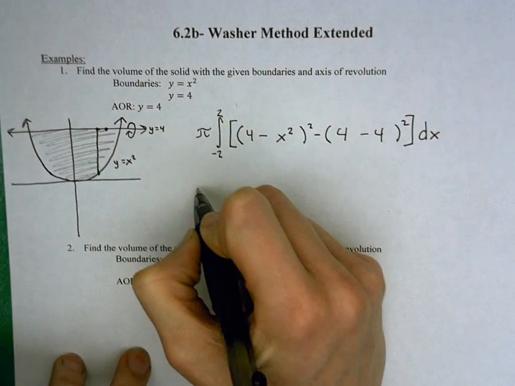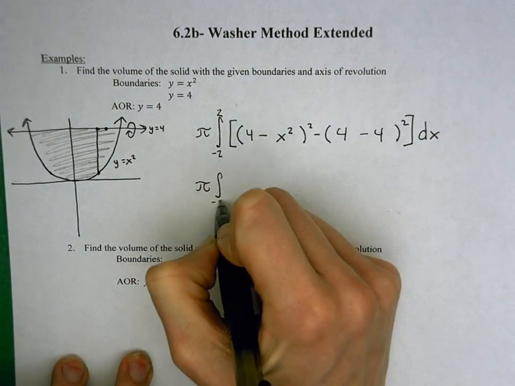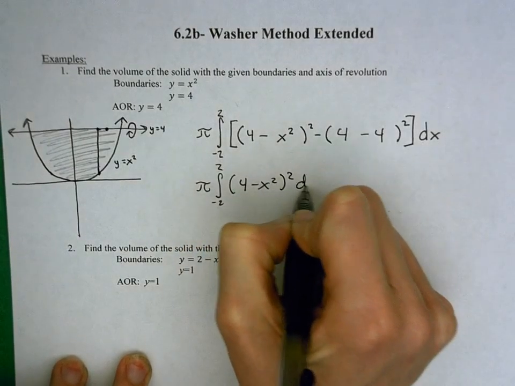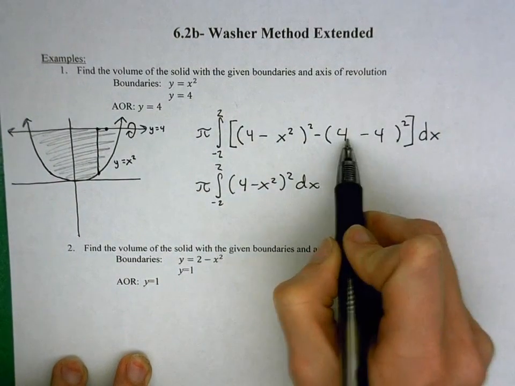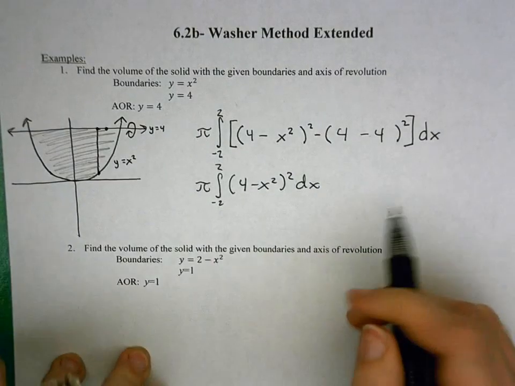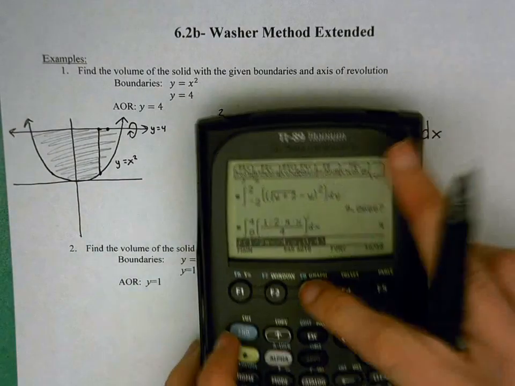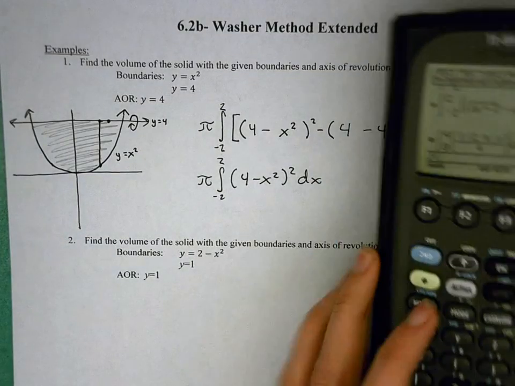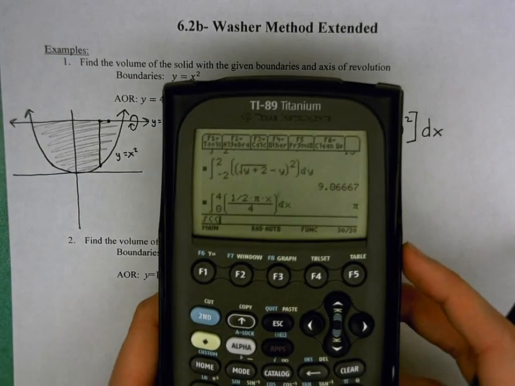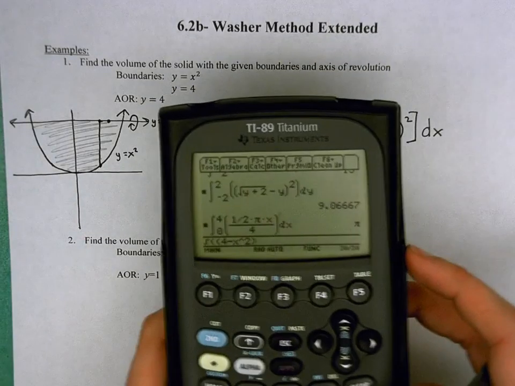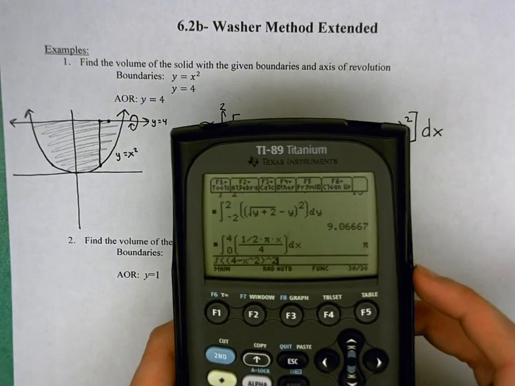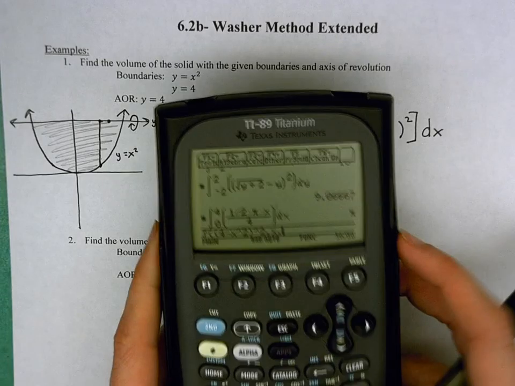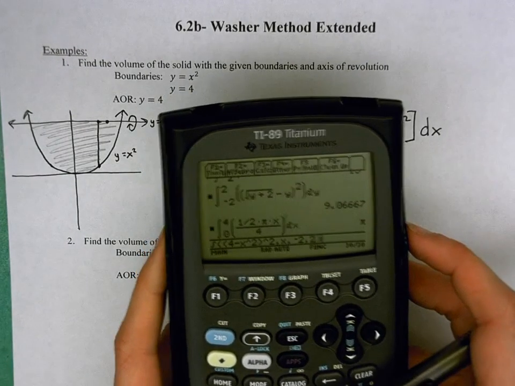Right? So essentially I'm doing pi integral from -2 to 2 of 4 minus x squared dx, because this 4 minus 4 is 0, squared is 0. Okay, and so if you take that and you plug it into your calculator, you go to F3, integrate. We're going 4 minus x squared, quantity squared, comma x from -2 to 2.